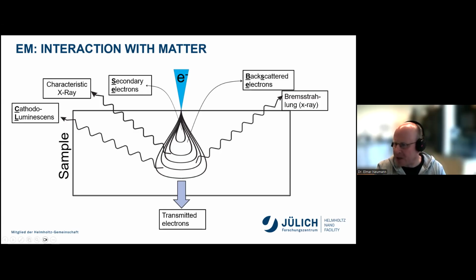We are mainly interested in these secondary electrons for observing surfaces. And if your sample has a finite thickness compared to the penetration depth of the electron beam, then you also can detect transmitted electrons going through the sample.